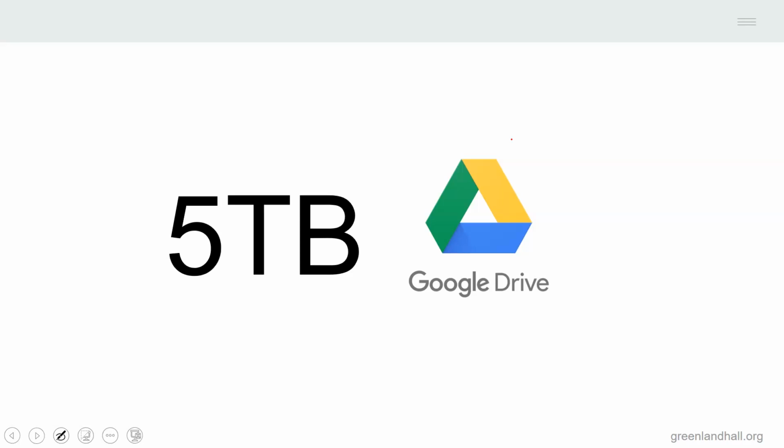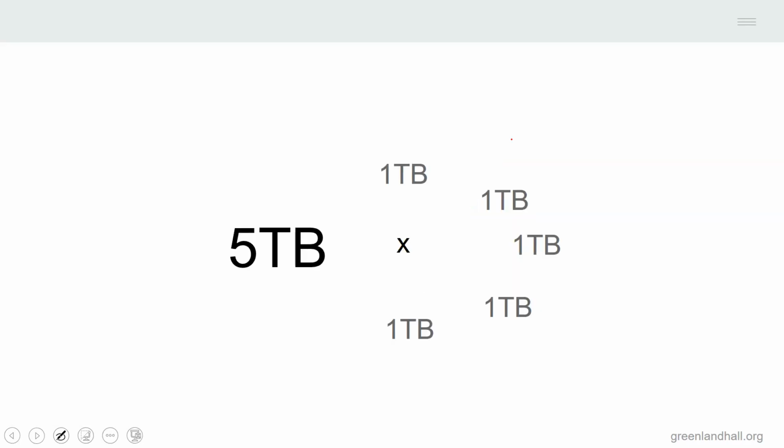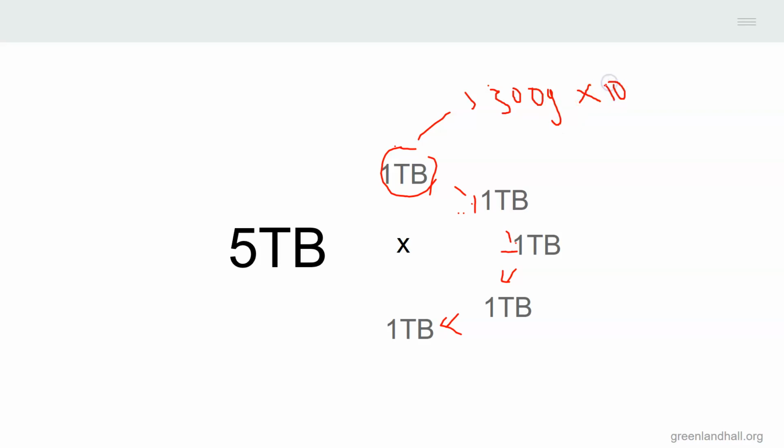If you don't have an idea of what 5 terabytes is, 5 terabytes is 1 terabyte in 5 places. That is a lot. That's the equivalent of having a 500 gigabyte laptop in 10 places. That's like having 10 laptops basically, storing information.